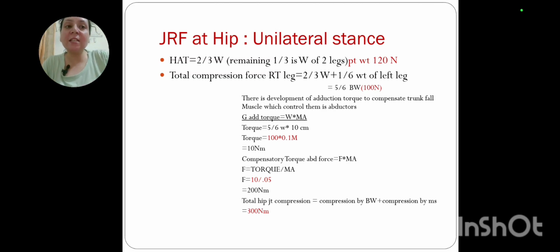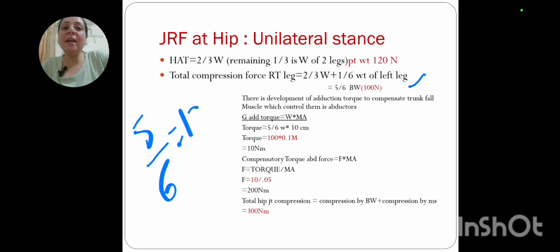That is why 1/6 of the left leg is added over here. So the weight passing through the right leg is 2/3 of the body weight, that is of head, arm and trunk, and 1/6 weight of the left leg. That is why 5/6, and 5/6 of 120 is roundabout 100 Newton.